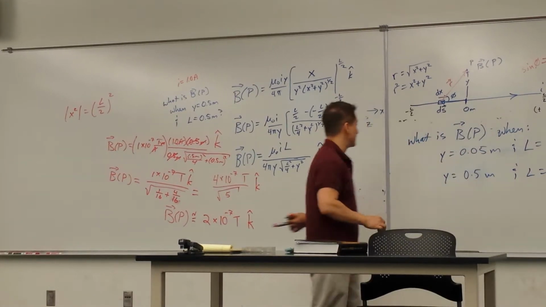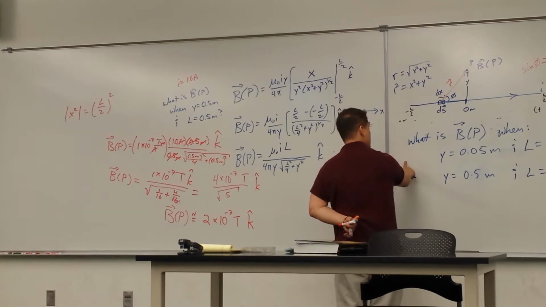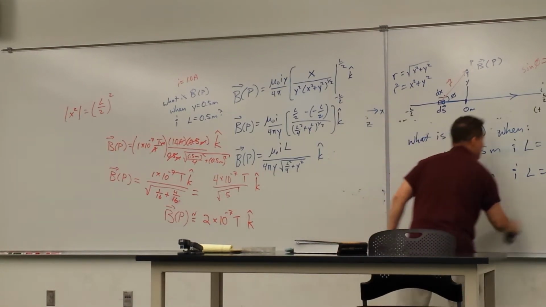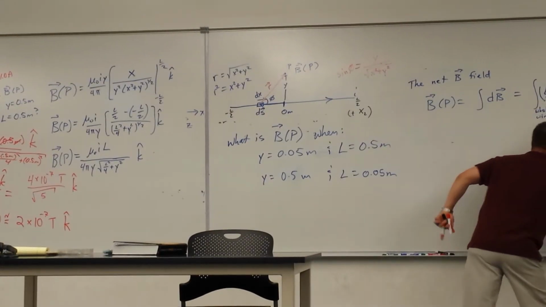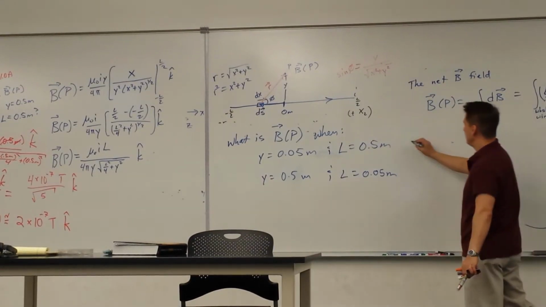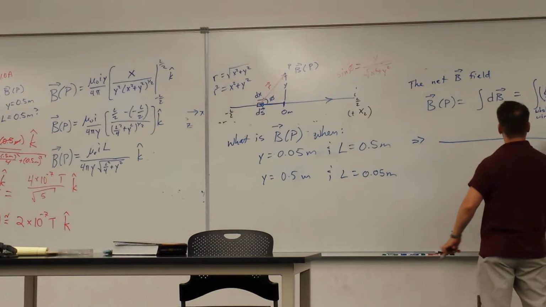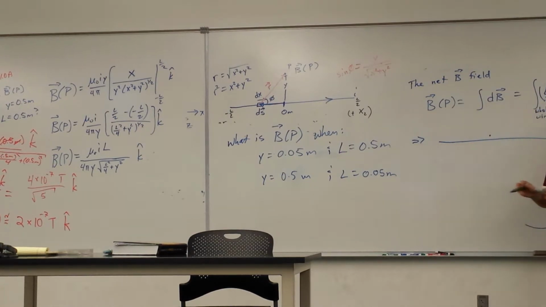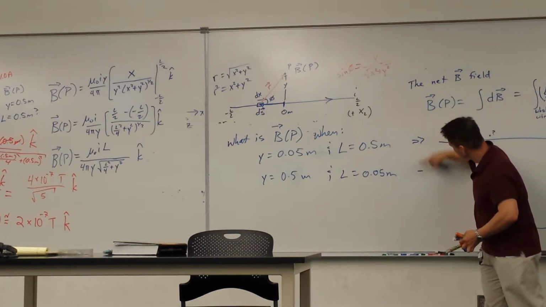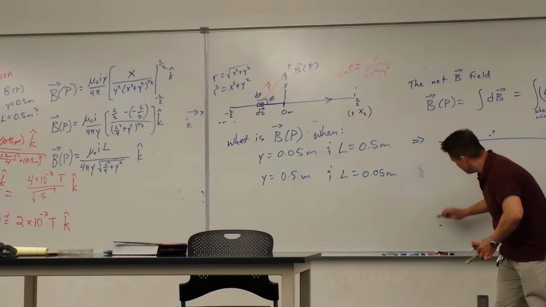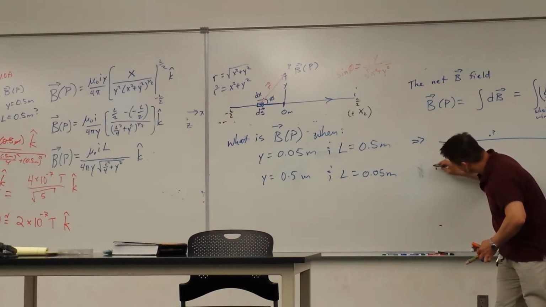We got two cases here. We got one case where L is really large compared to Y. This is basically a very long wire, and P is somewhere like this. In the other case we have a very short wire, and P is really far away.